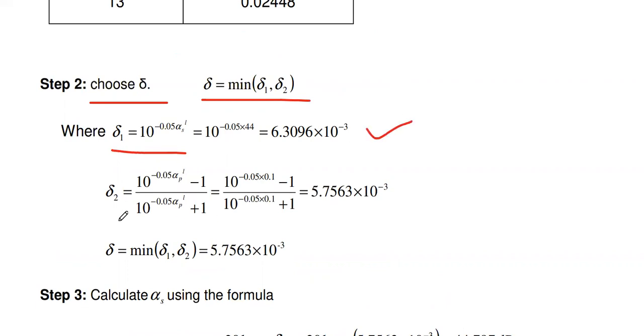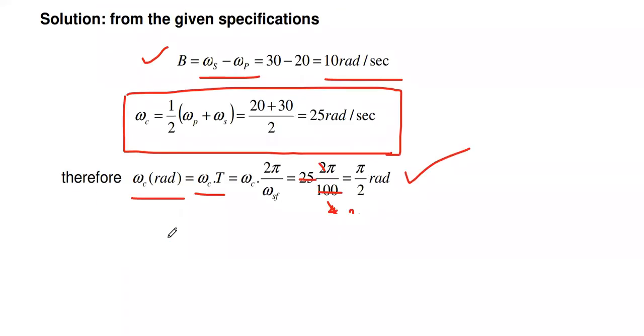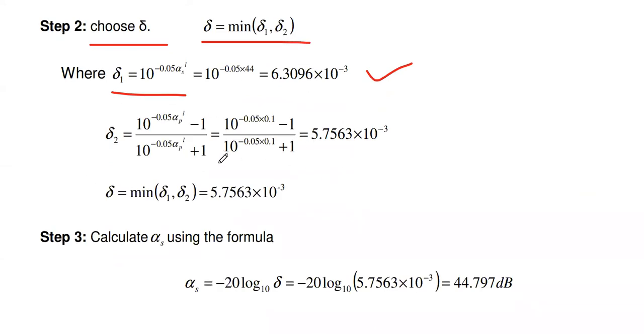This is delta 1. Similarly, delta 2 equals, the formula, 10 to the power minus 0.05 alpha p minus 1, divided by 10 to the power minus 0.05 alpha p plus 1, where alpha p is 0.1 dB in the problem. So you just substitute the value and find the answer.